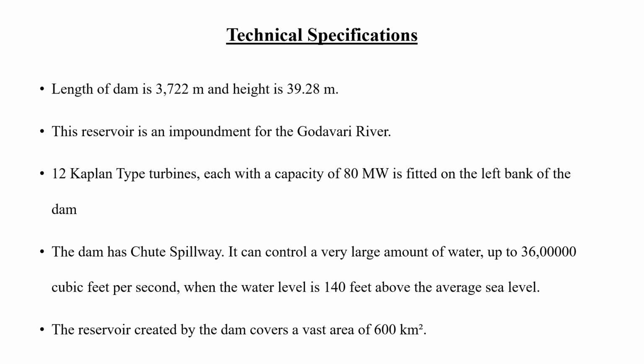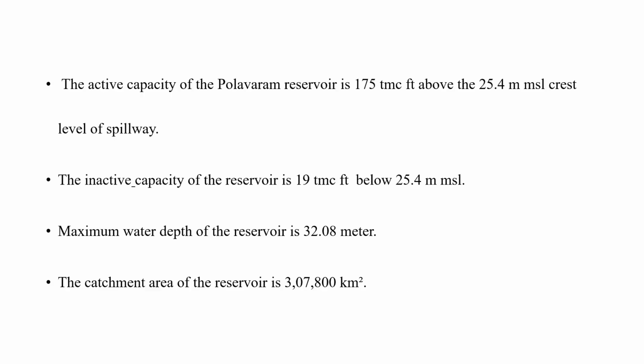The reservoir created by the dam covers a vast area of 600 kilometers square. The active capacity of the Polavaram reservoir is 175,000 million cubic feet above the 25.4 meter mean sea level crest level of spillway.